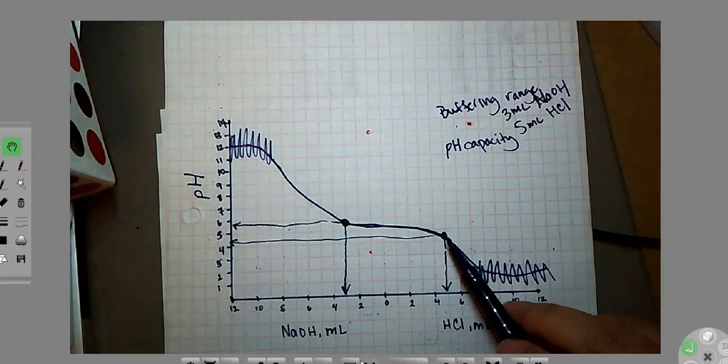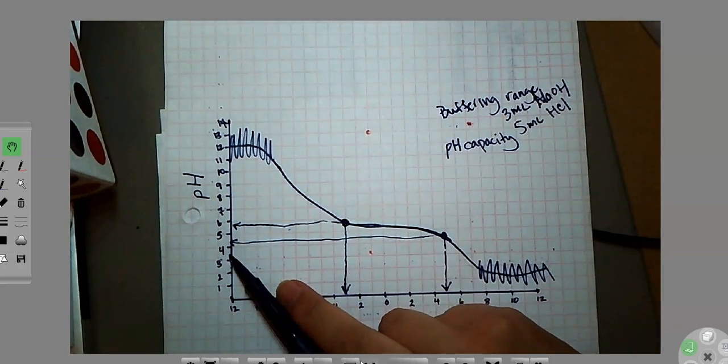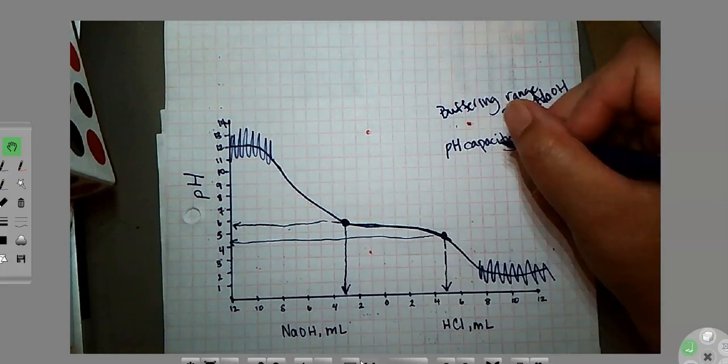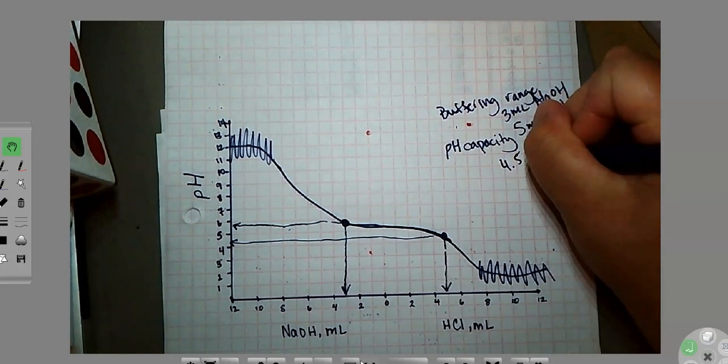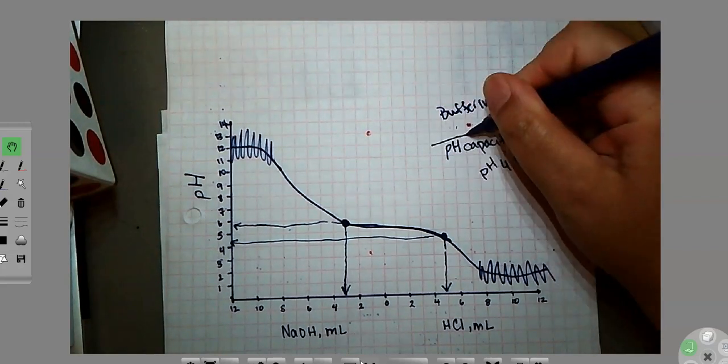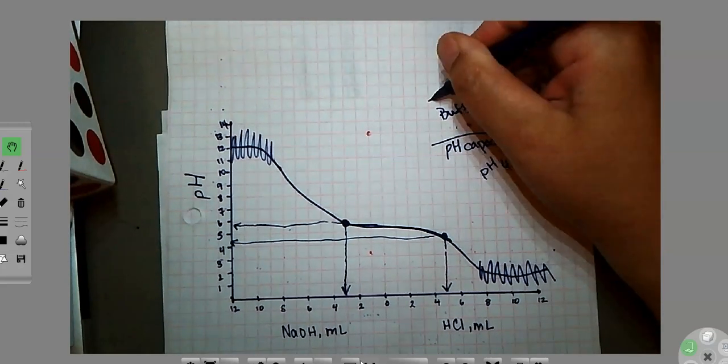And then the pH range is going to be between 4.5 and looks like 6. So 4.5 to 6. Okay, so that is that.